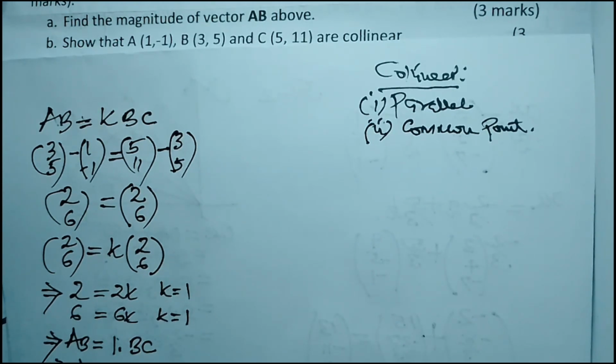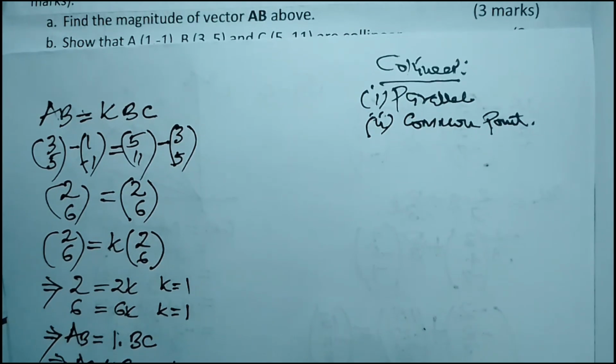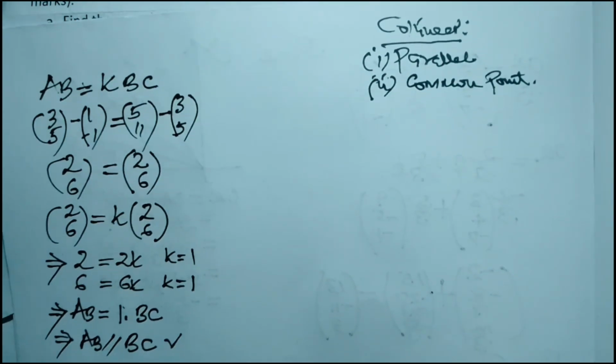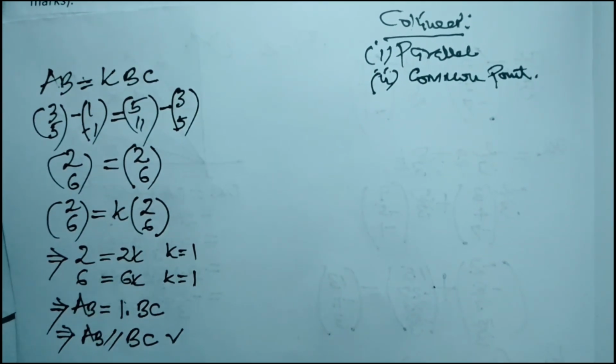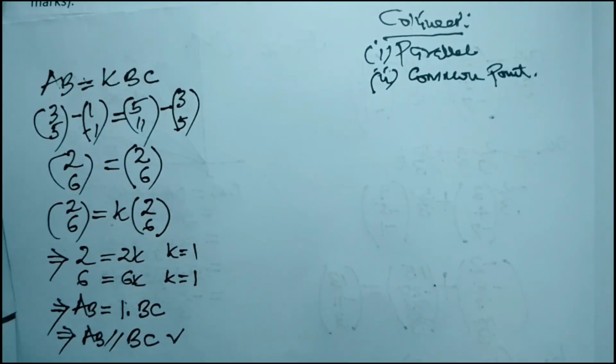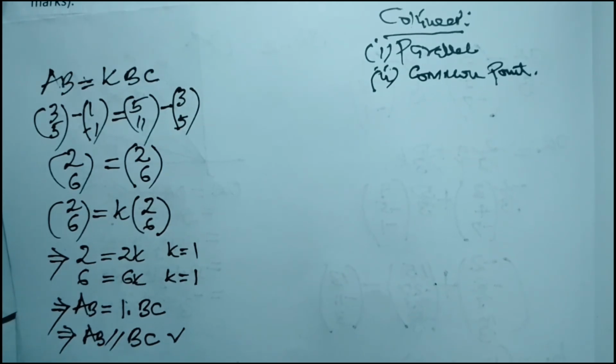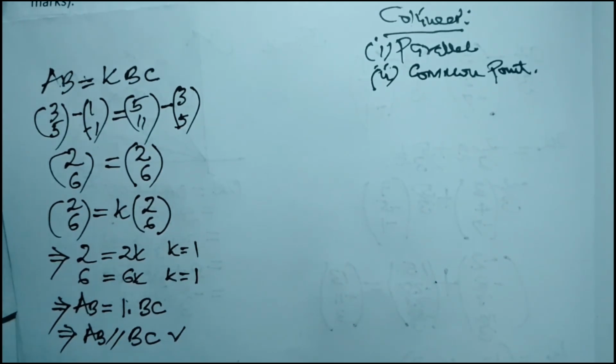They are parallel. The second thing we need to say is, since AB is parallel to BC and B is a common point, we make that conclusion.